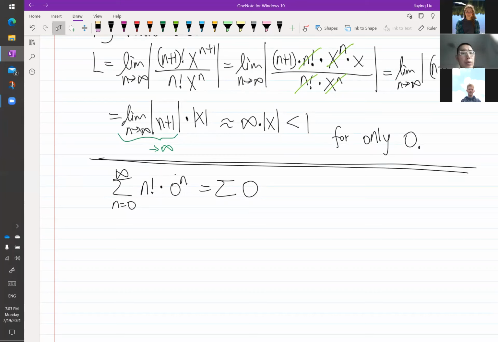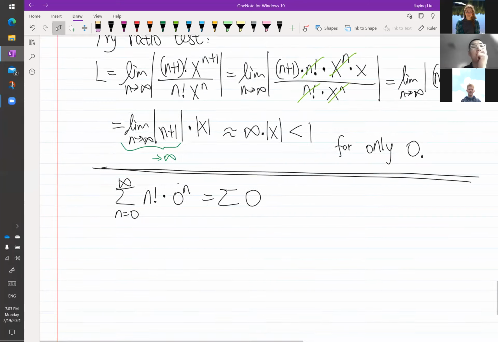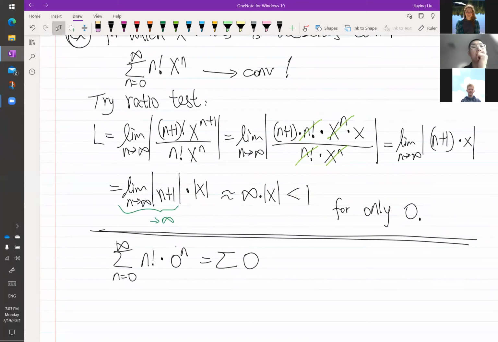It's not 1, it's equal to 0, right? Good point. Let me take a look at the notes.